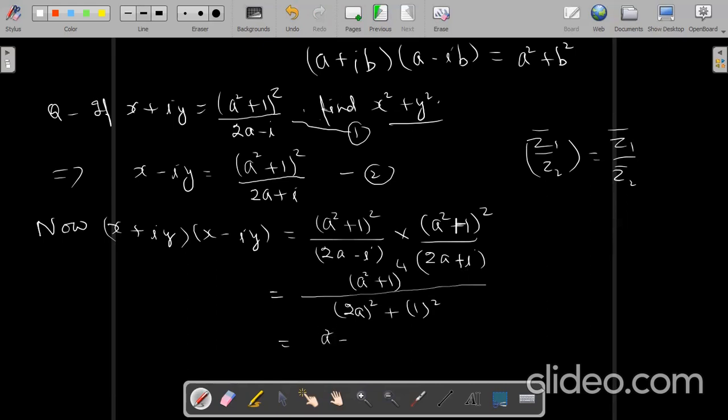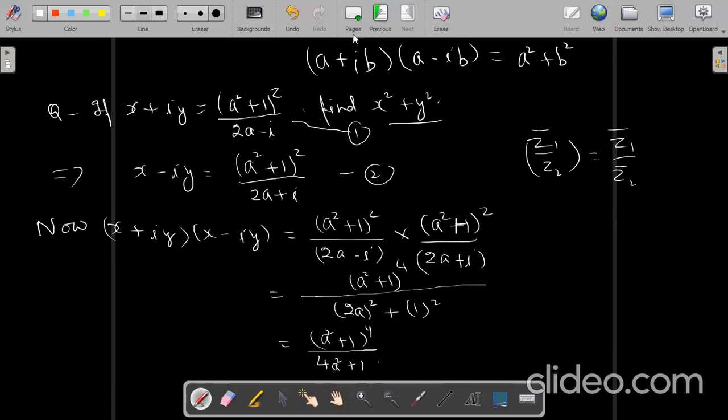So we get the answer as (a square plus 1) raised to power 4 divided by 4a square plus 1.